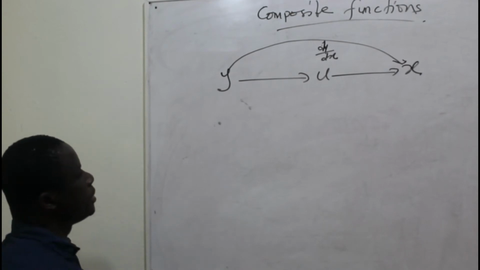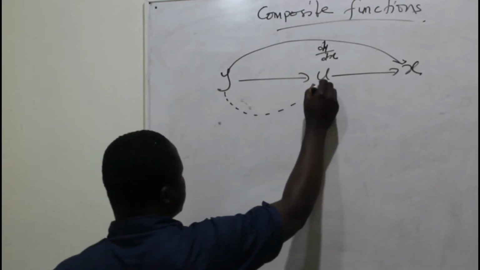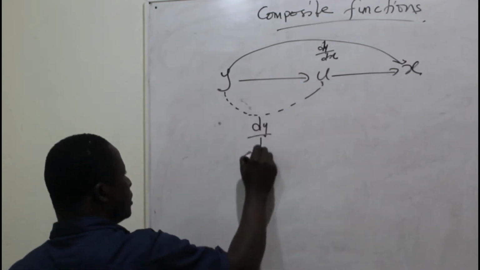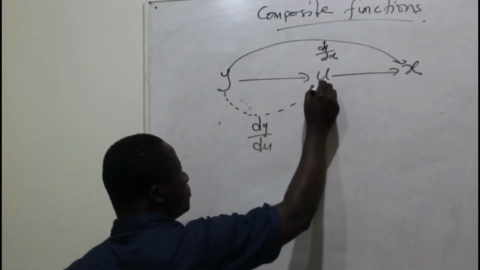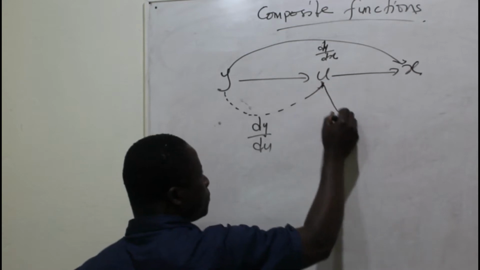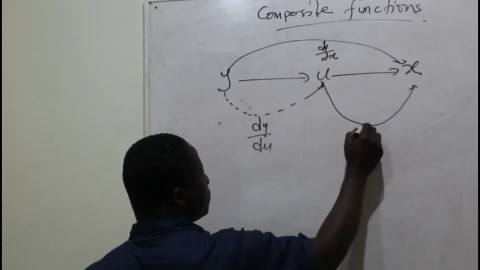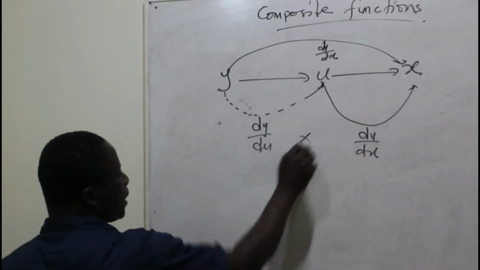So what we do is that you have to find dy/du. You are going to differentiate dy/du. Then from du, you move to du/dx also. So this side will be du/dx. And you take the product.